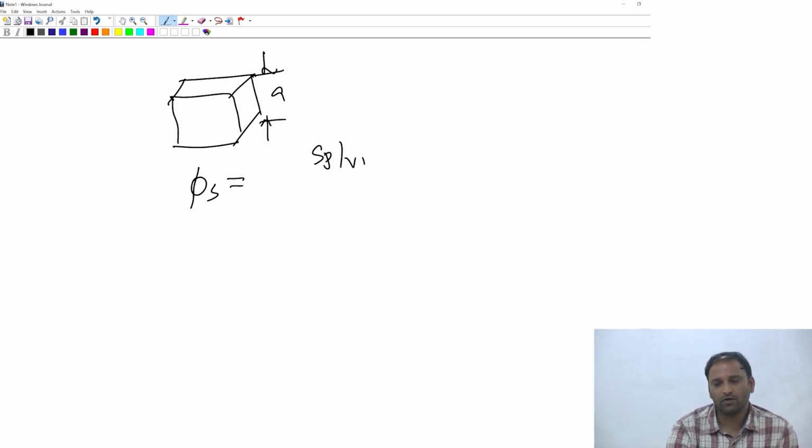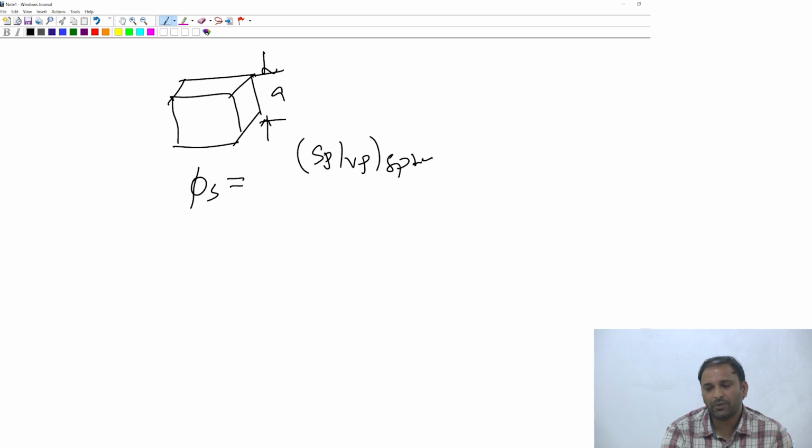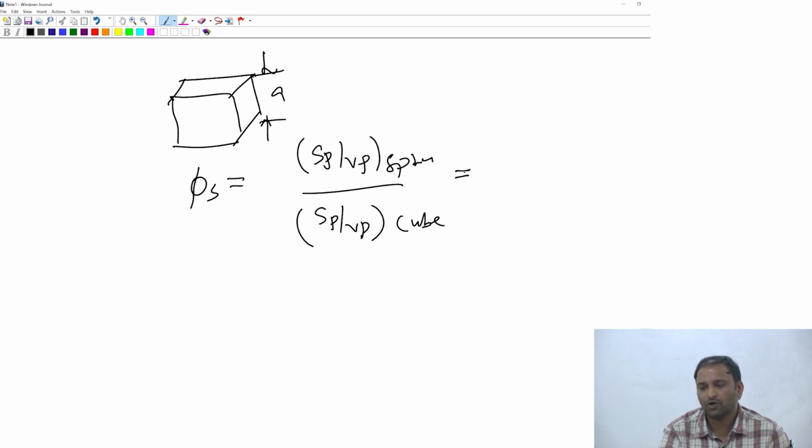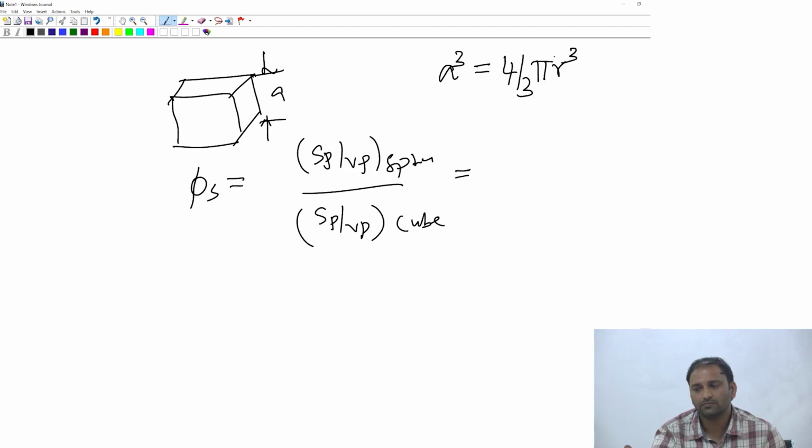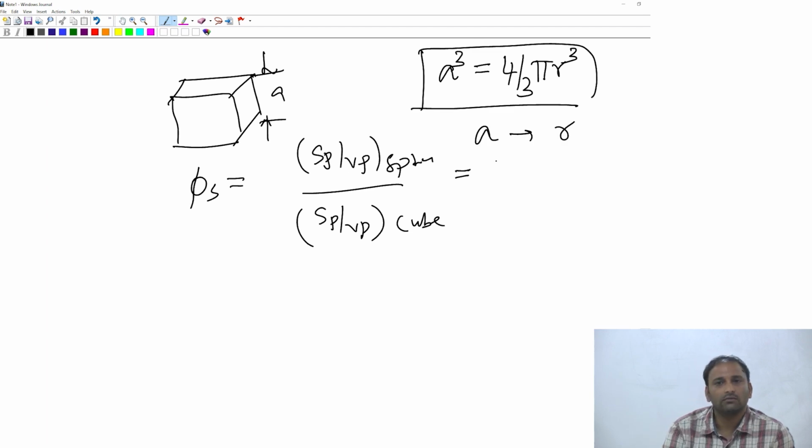So I am going to write it as Sp by Vp of a sphere divided by Sp by Vp of a cube. Now the volume of the cube is a cubed. I am going to equate that to the volume of a sphere, so I can get a relationship between a and r.